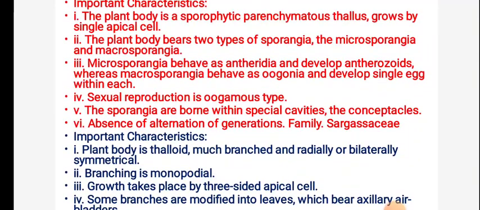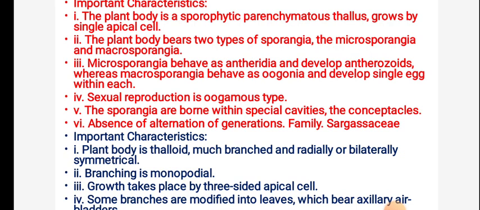The microsporangia behave as antheridia and they develop antherozoids, whereas macrosporangia behave as oogonia and develop the single egg. And this is the major difference from the other divisions. So it is a very specific character, you have to remember it.